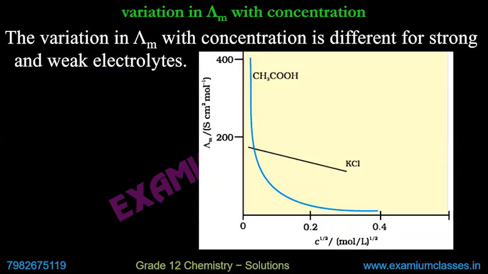The variation in lambda m with concentration is different for strong and weak electrolytes. This is about lambda m, not limiting molar conductivity; I'll come back to that. For example, take acetic acid, a weak acid, a weak electrolyte. For a weak electrolyte the graph is given, and sometimes you may be asked to draw it.